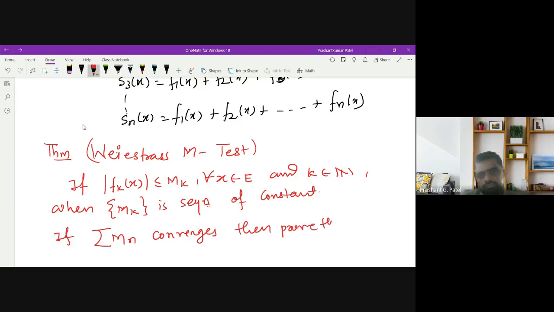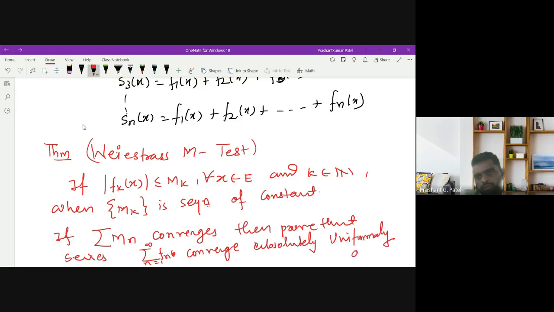the series summation n running from 1 to infinity of fn converges absolutely and uniformly on E. Absolutely means the summation of mod fk is uniformly convergent.